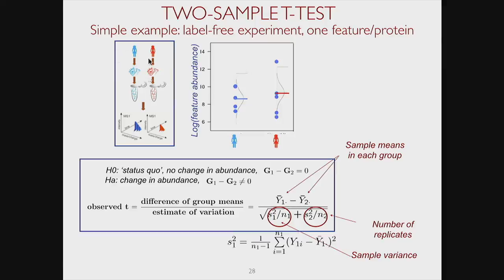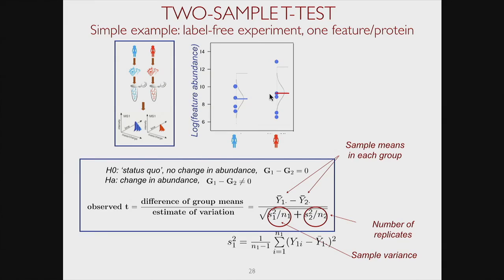So let's go back to the simple example of LCMS, but it would be the same with SRM. If we have proteins digested, we have individual peaks. Let's say we have one peak per protein, just to make it simple. And so we have replicates, biological replicates, as we discussed, for the healthy group, biological replicates for the disease group, and we want to know if there is a change between the groups that is more systematic than expected by random chance.